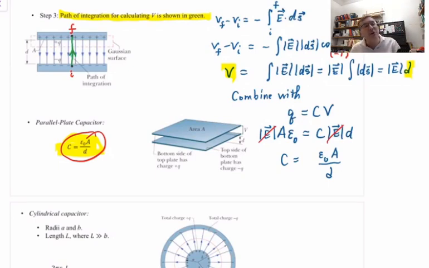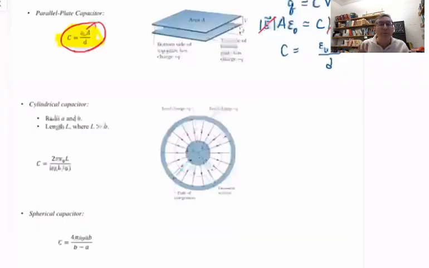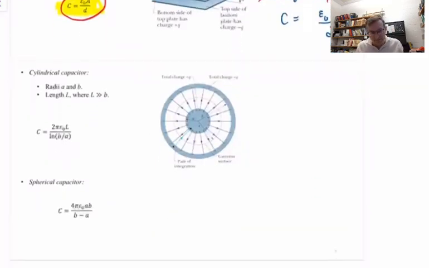Now there can be other shapes for capacitors, and different shapes have different capacitances. We will talk mostly about the parallel plate capacitor, but I want you to at least be aware of two others: the cylindrical capacitor and the spherical capacitor. The cylindrical capacitor is actually pretty common too.